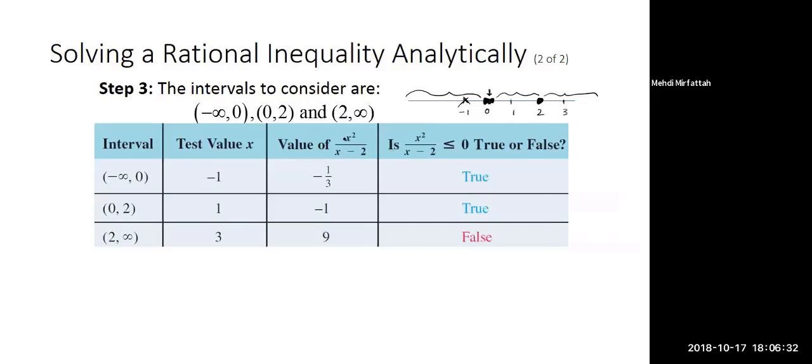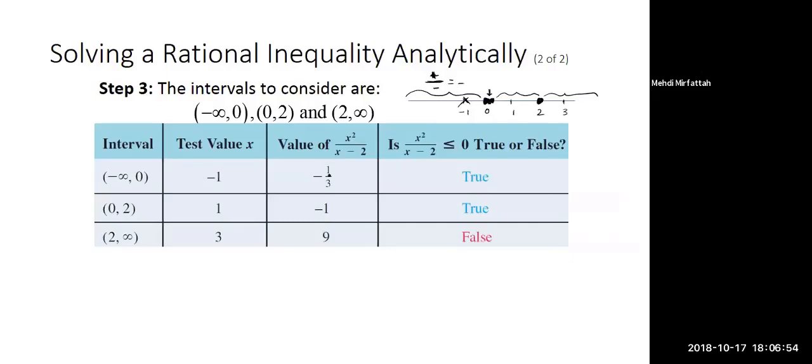Negative 1 would cause the top of the fraction to become some positive number, right? And -1 would cause the bottom of the fraction to become what? Some negative number, right? So I know I'm going to get some negative number.